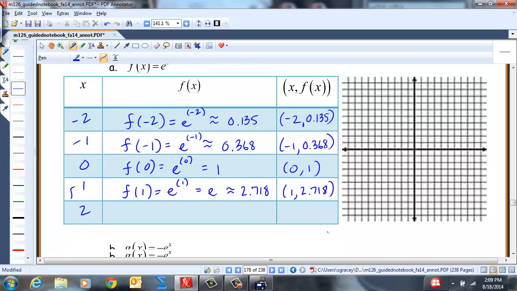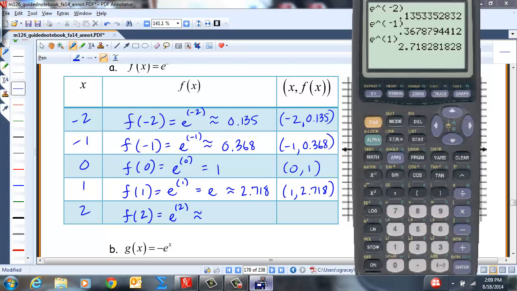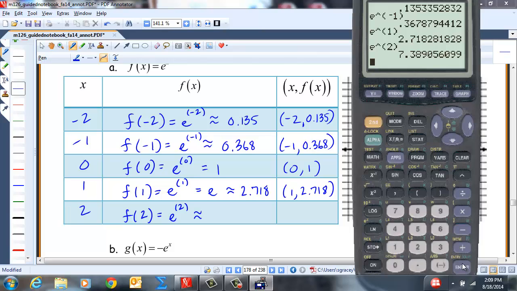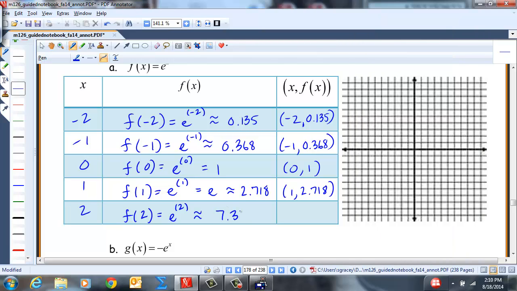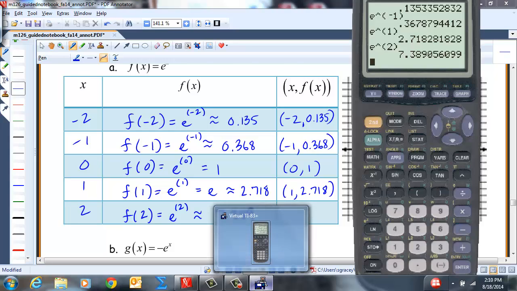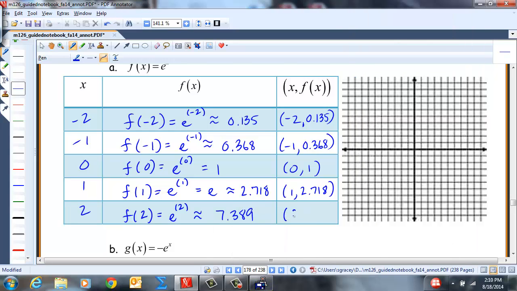And then f at 2 will be e squared, which is approximately 7.389. Is that what it was? Yes. Okay.